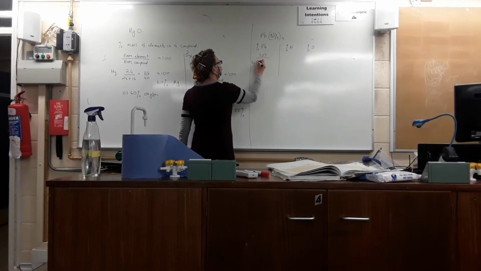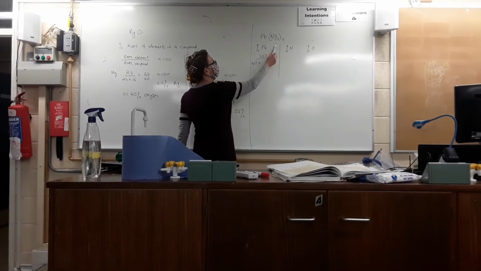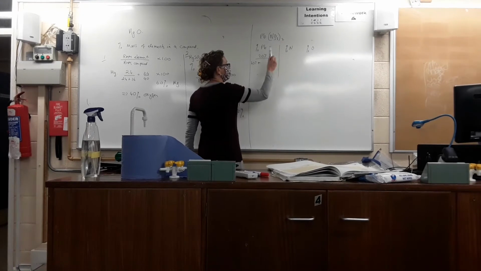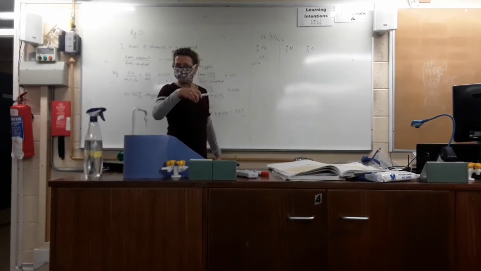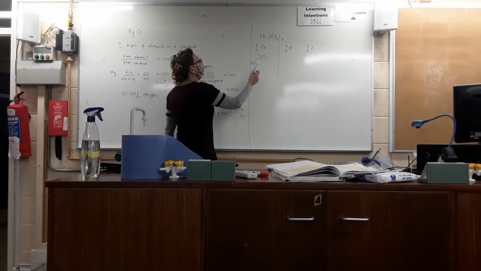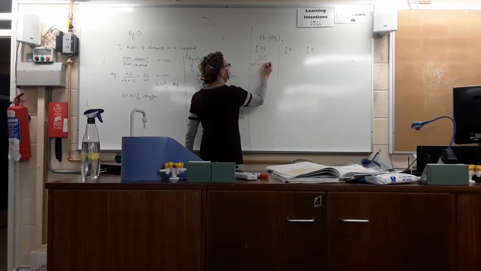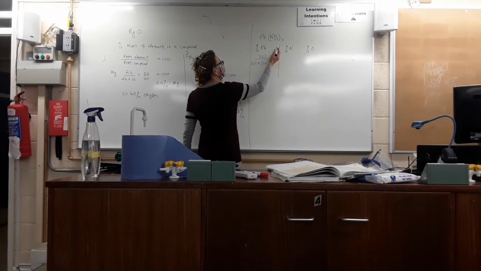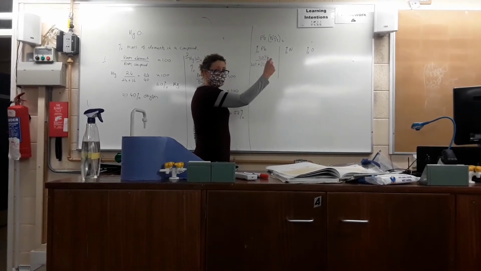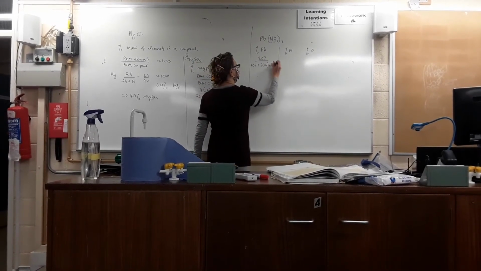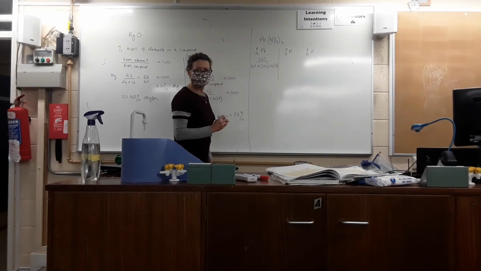is 207 plus. Okay, so I've got a bracket with 2 outside the bracket. That tells me I double everything inside the bracket. So nitrogen is 14. I've got 2 of them, so that's going to give me 2 14s. I've got O3 inside the bracket, but I need to double that, so that's 6 oxygens, so that's 6 16ths.